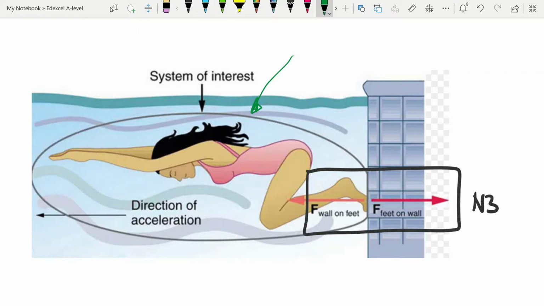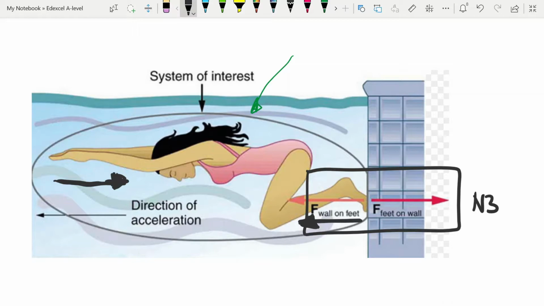In order to figure out what happens to the girl, we have to look at all the forces on the girl. So we know we've got the force of the wall on her feet, and that is going to push her in that direction. We also know that we're going to have some drag from the water in this direction. It's not so easy to move through.